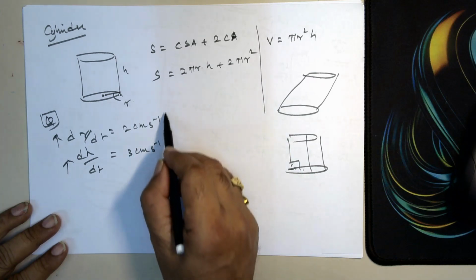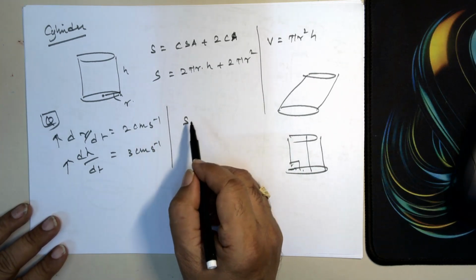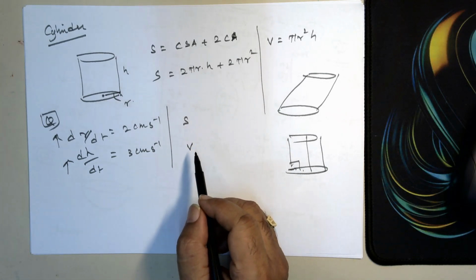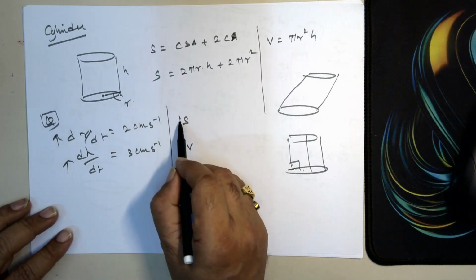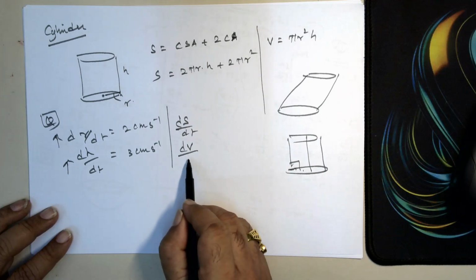Find at what rate its total surface area and volume are increasing. The rate at which the total surface area increases means dS by dt. The rate at which the volume increases means dV by dt.